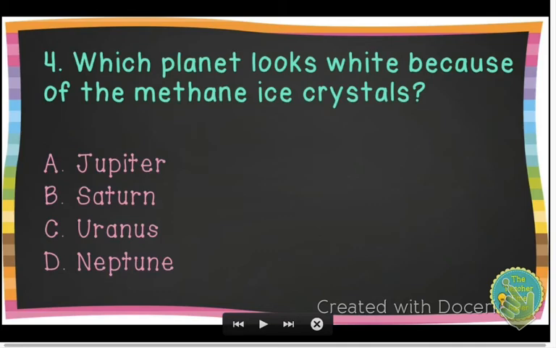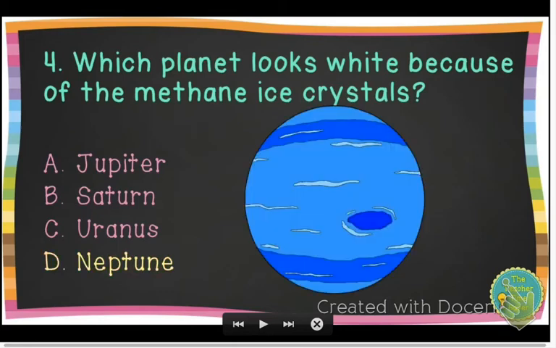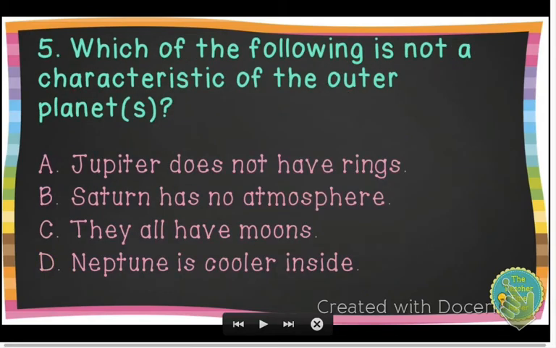4. Which planet looks white because of the methane ice crystals? A. Jupiter, B. Saturn, C. Uranus, or D. Neptune? The answer is D. Neptune. Last question. Which of the following is not a characteristic of the outer planets?